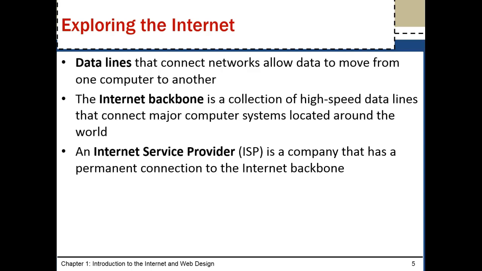The internet has a backbone, which is a collection of high-speed data lines that connect major computer systems around the world. And then to connect to that backbone, we have an ISP, Internet Service Provider, that creates a permanent connection to that backbone. So, for example, maybe we are using AT&T as our ISP, or maybe we are using Xfinity as our ISP.